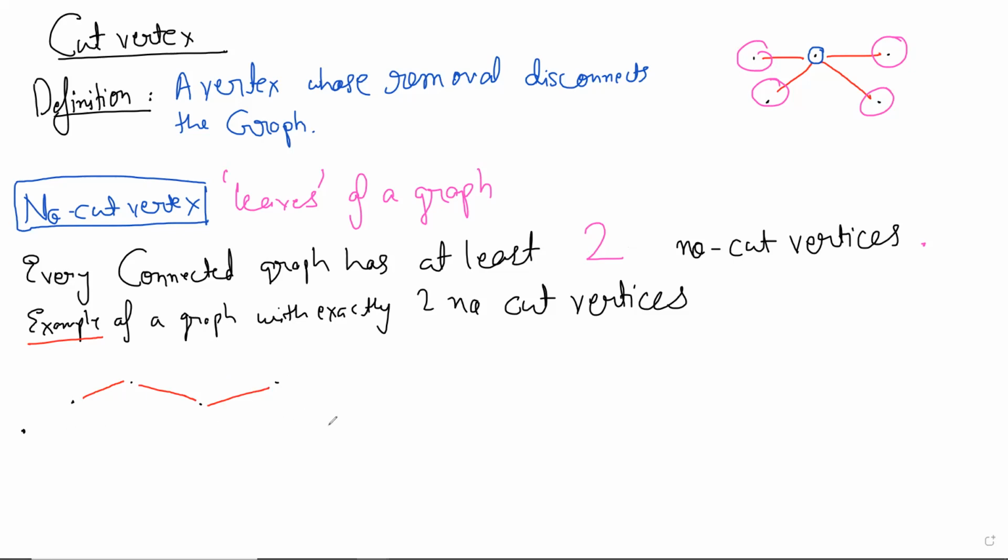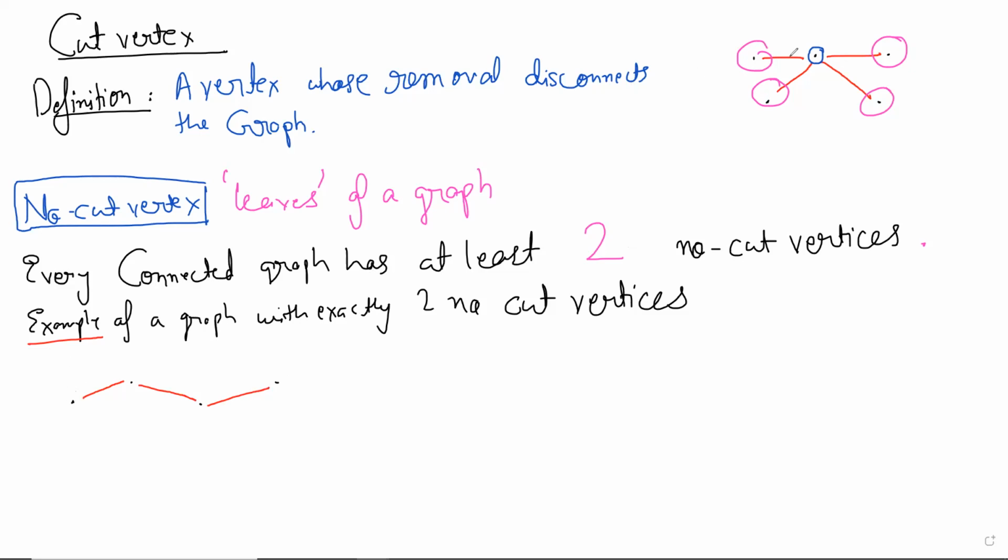No, but then it will not be connected. Middle ones meaning? No, this is it. This is an example, right? This has 2 vertices which are no cut. This itself is an example.